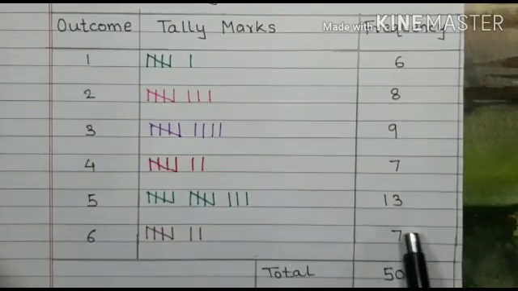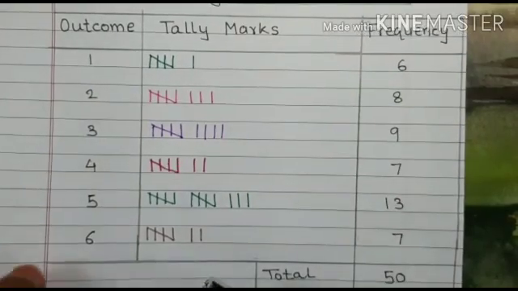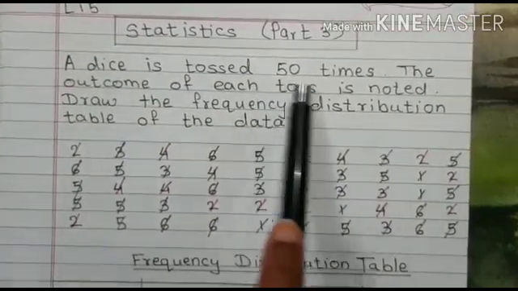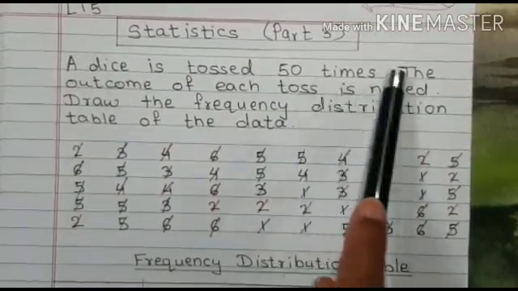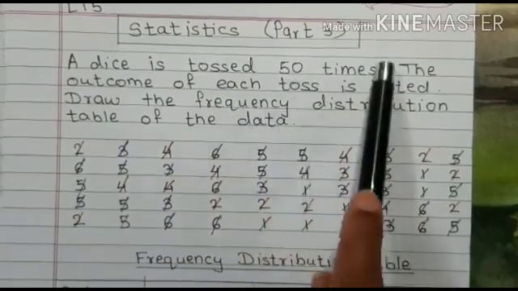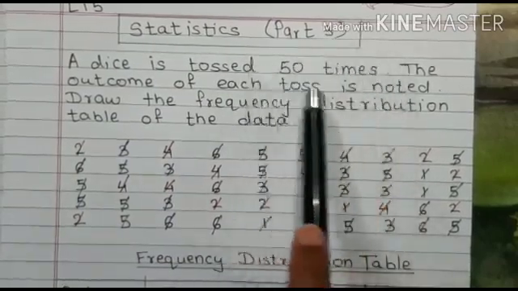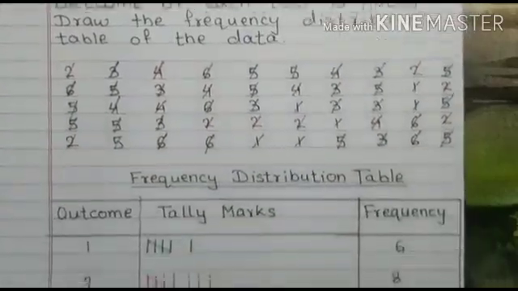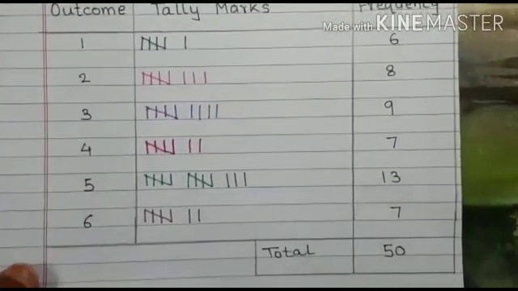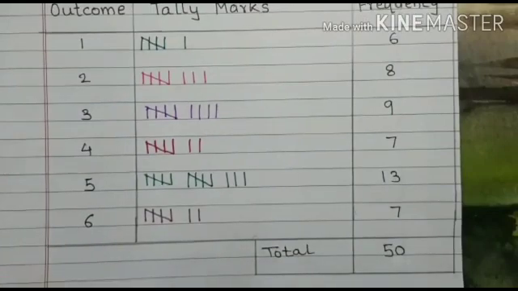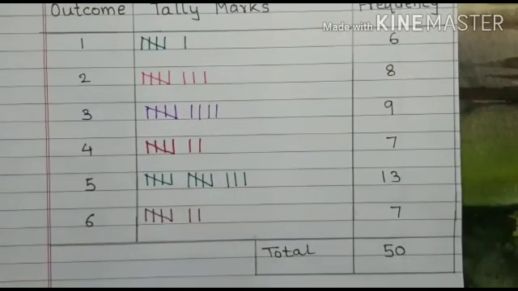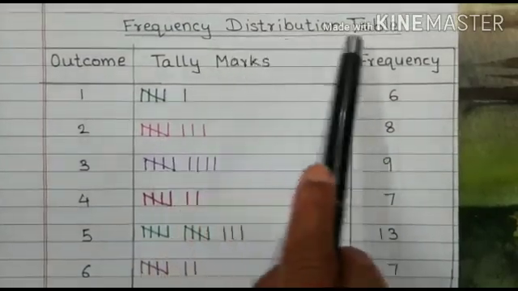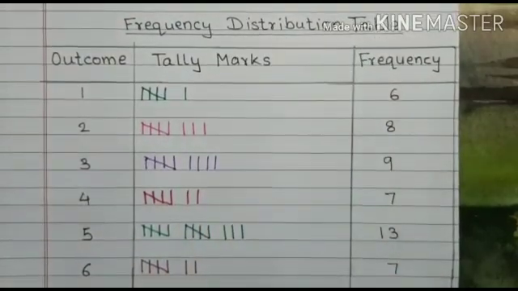The total of the frequencies must match the total records given in the data. So there are 50 records, 50 times the dice is tossed. There are 50 records and the total of the frequency is 50. Thus, we have done with the frequency distribution table for the given data.